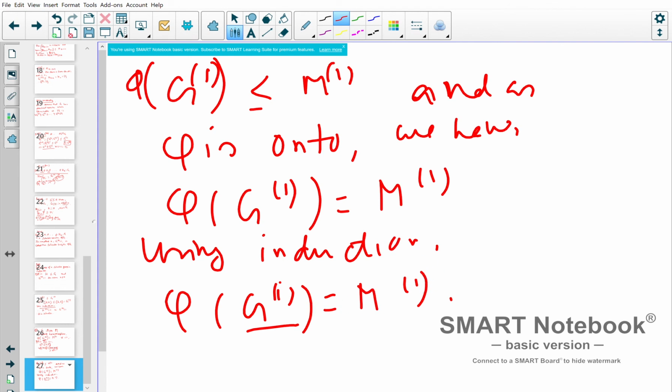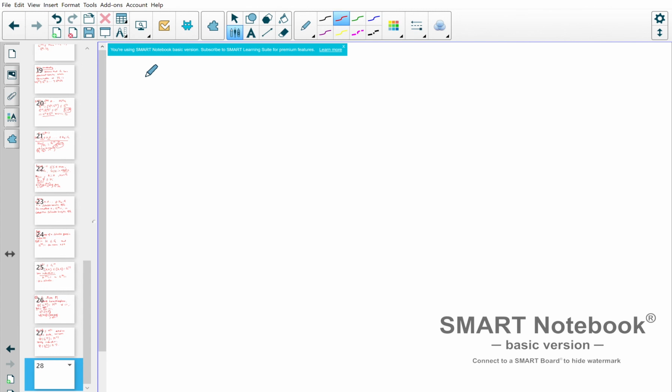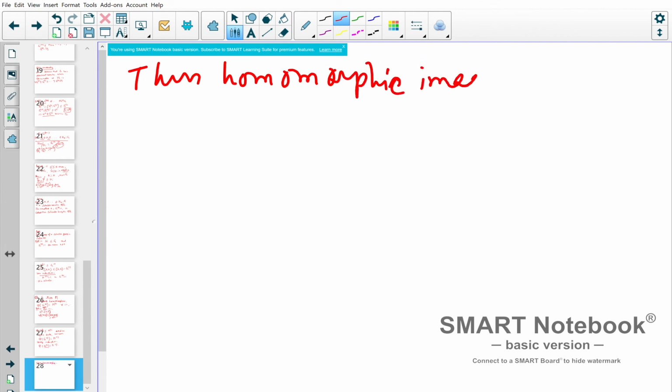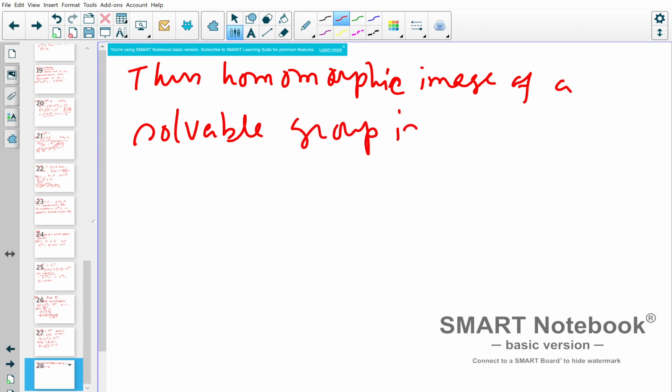Thus a homomorphic image of a solvable group is also solvable, right?